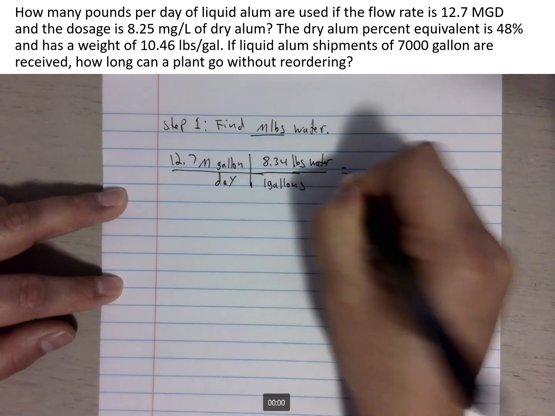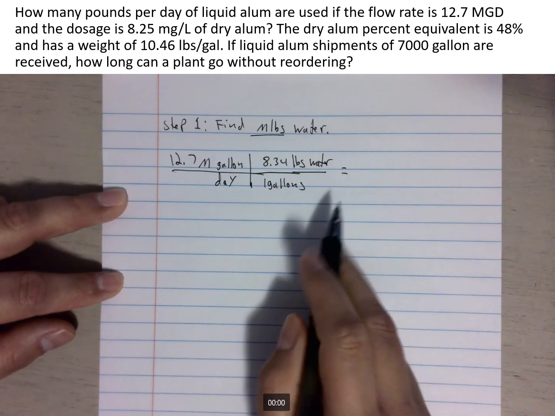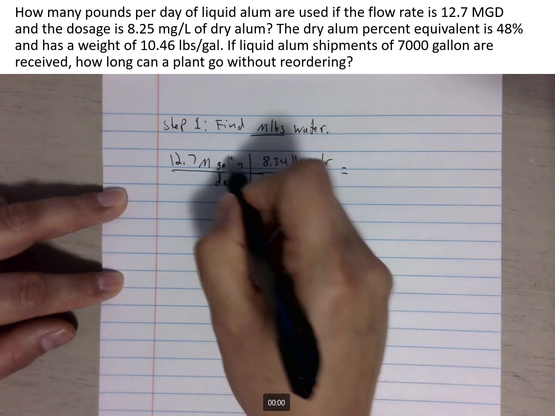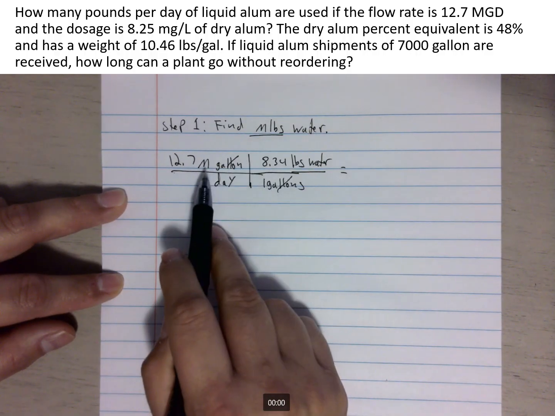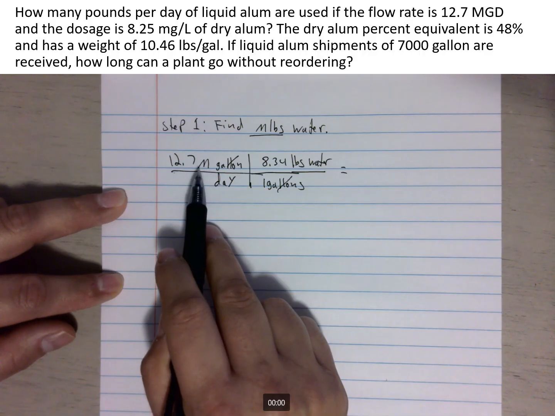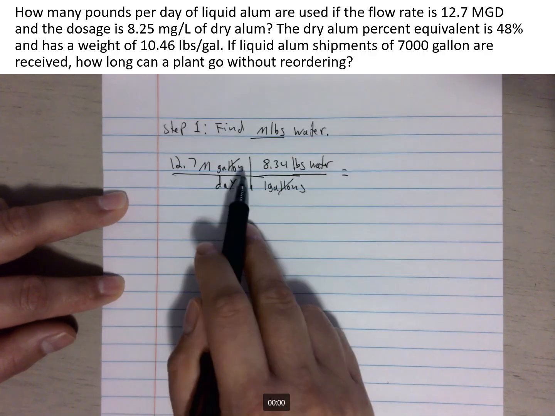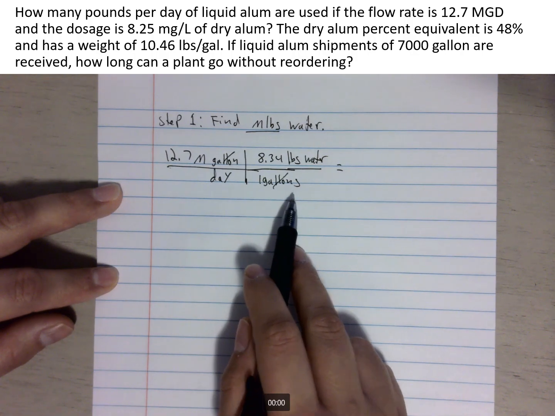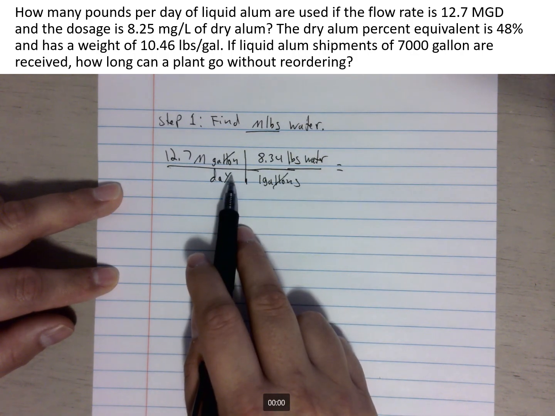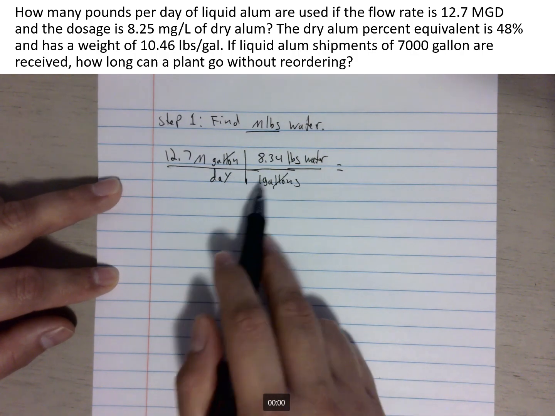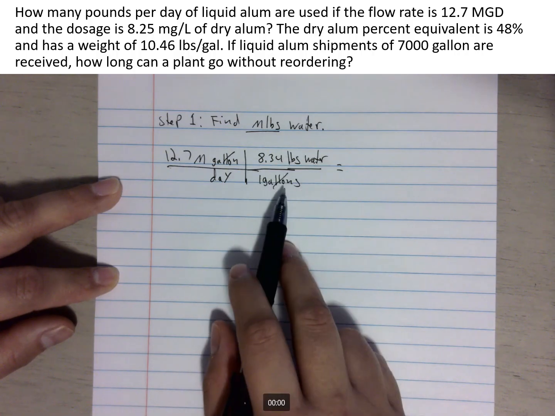We do a quick units check. Gallons cancel with gallons. Note that the million symbol still stays in the equation; we're just canceling gallons. And this will give us our units of million pounds of water.